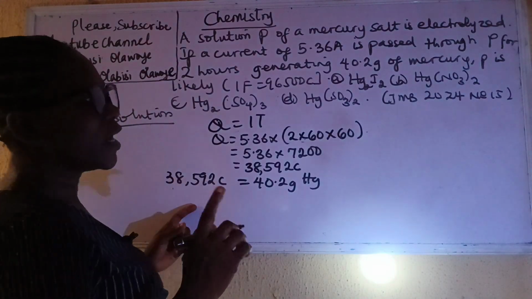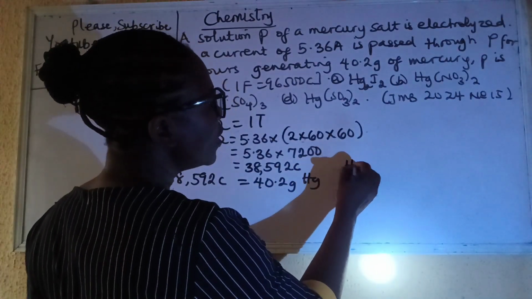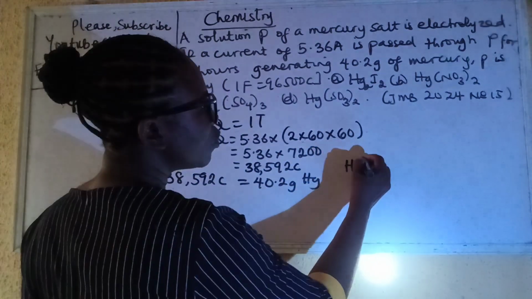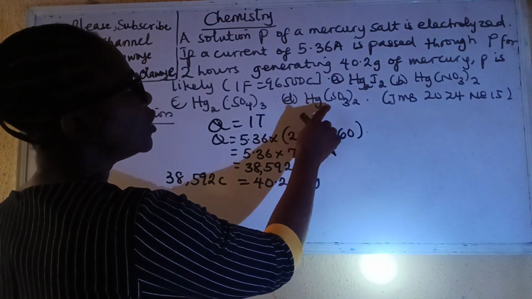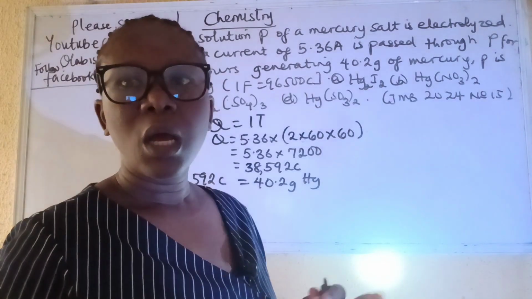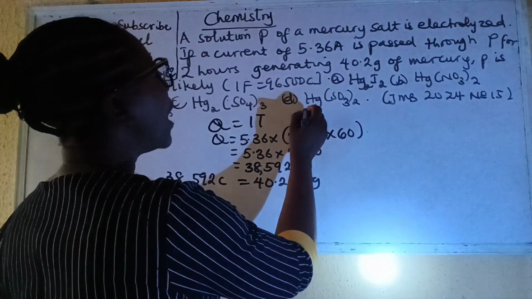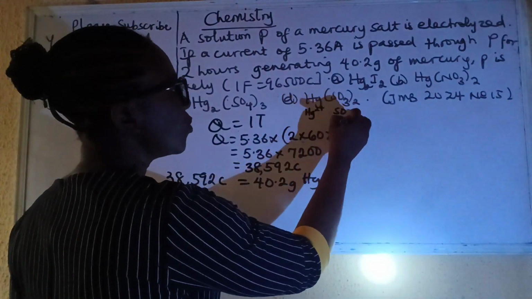Now, most times when I'm treating calculations in electrolysis, I usually write the half reaction. But in this case, we don't know what charge mercury carries. Looking at this solution, this 2 is from mercury. You know, in the formation of compounds, the radicals exchange their valences.